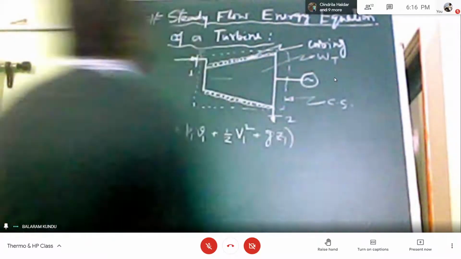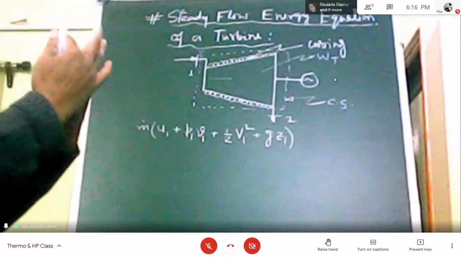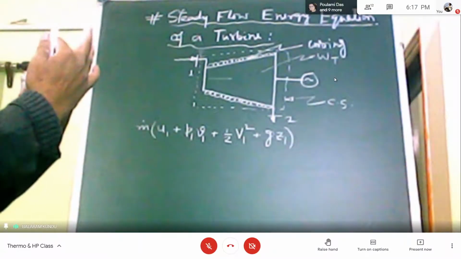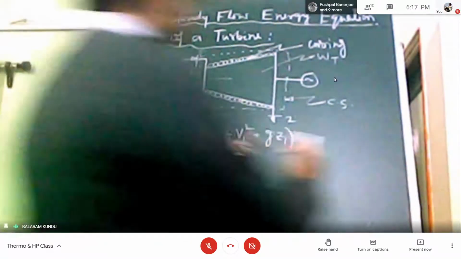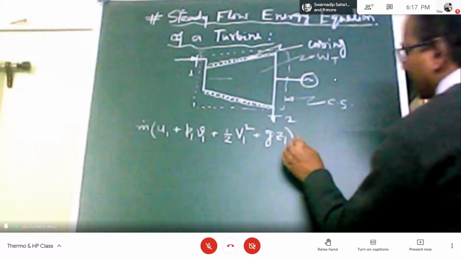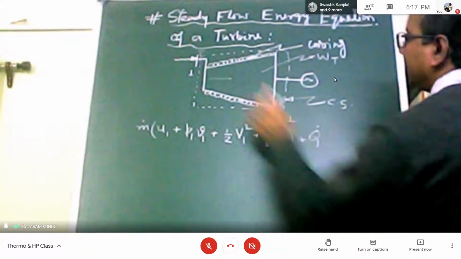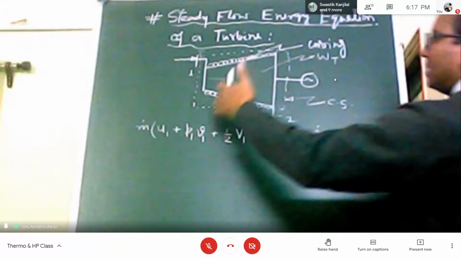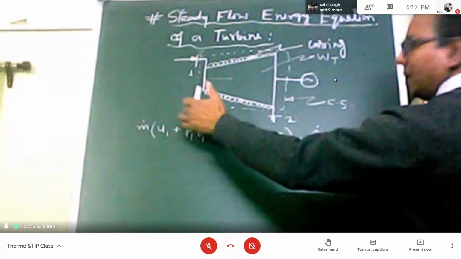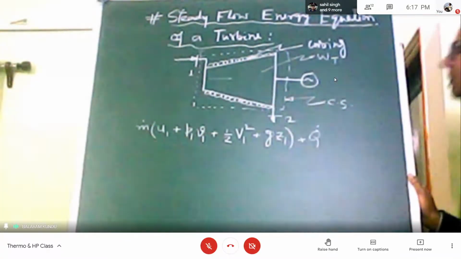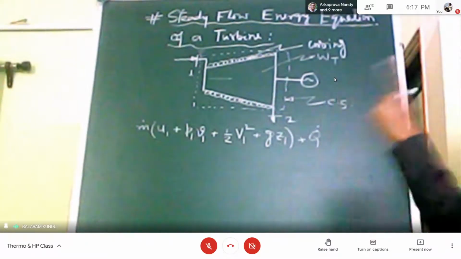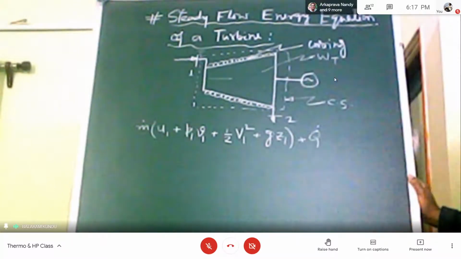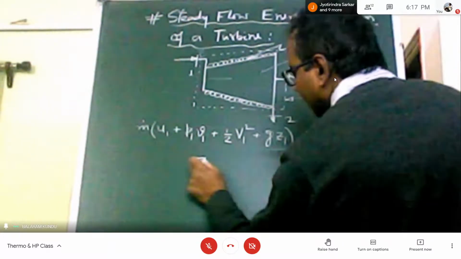If heat exchange takes place between the turbine and the surroundings, we consider Q dot as the heat transfer rate, transferred to the turbine from the surroundings. Because Q dot is taken positive, it is energy entering the control volume, and that should equal the energy leaving the control volume.